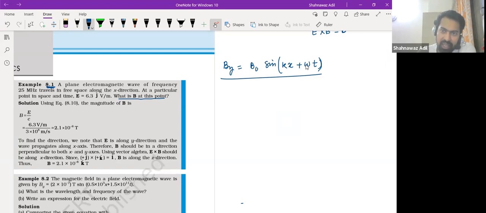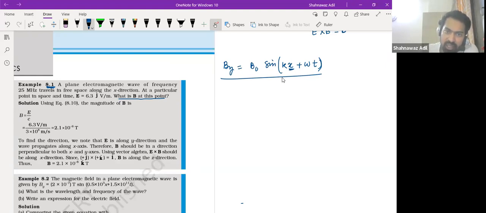And what is the direction of propagation? Can you guys tell me? What is the direction of propagation of this wave? X direction, right? Is this clear, guys? So the wave is propagating in the X direction.